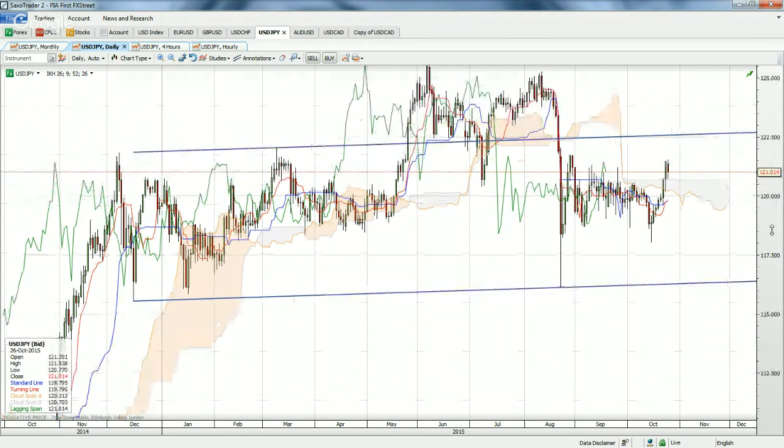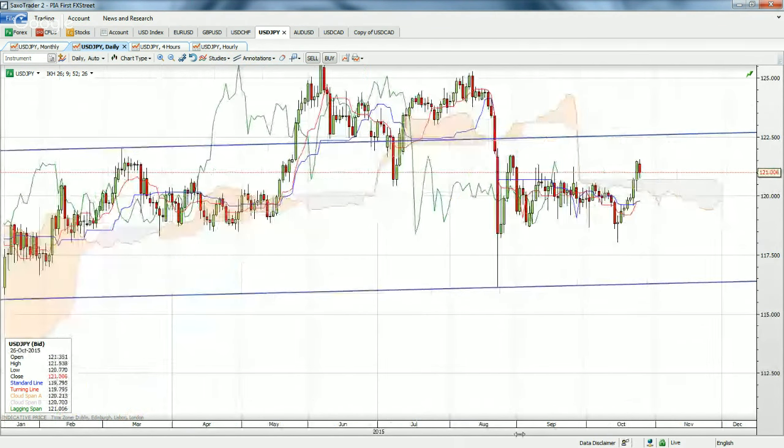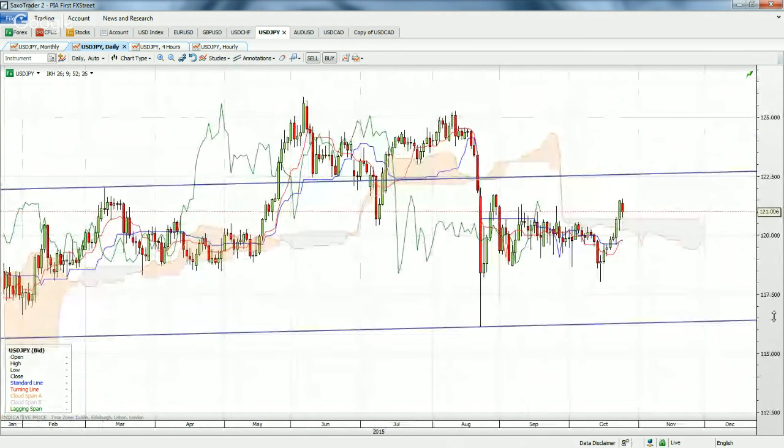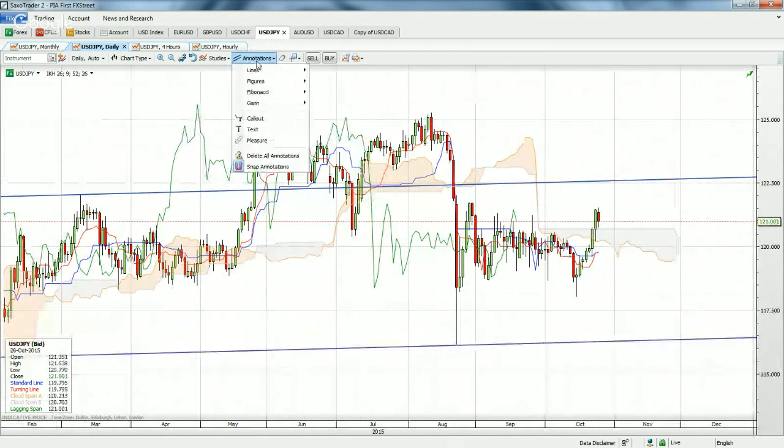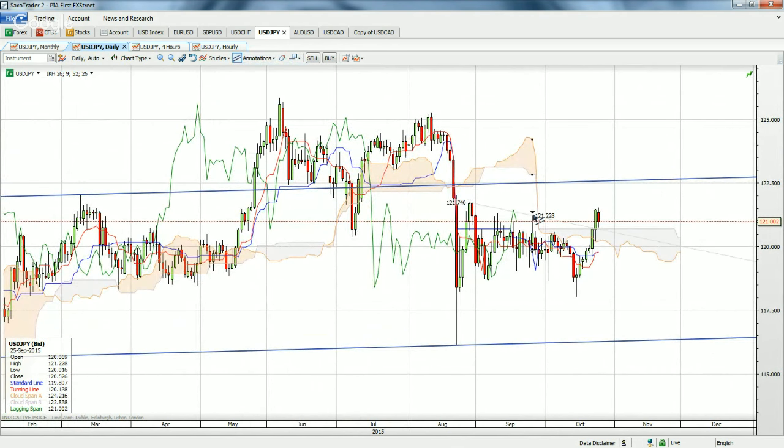So we've sort of got a symmetrical channel, if you like. And then we've broken to the upside. This was something that we highlighted last week, which was the channel formation. We've recommended a buy trade for our direct customers this morning. I believe it was at the 80 level.